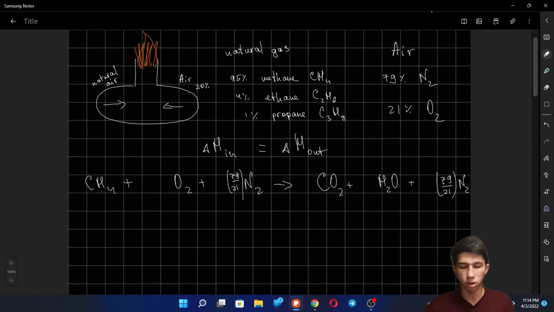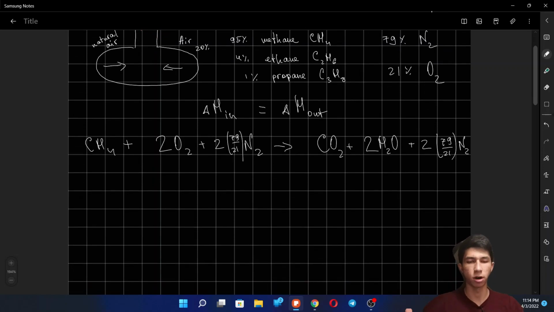The number of carbons on both sides is 1, so we leave it as it is. For the oxygens, if we put 2 here, we can make this equal to 2, and the number of hydrogens is 4, and the number of oxygens is 4 on both sides. As we said, the nitrogen depends on the moles of oxygen, so we put 2 next to the nitrogen.